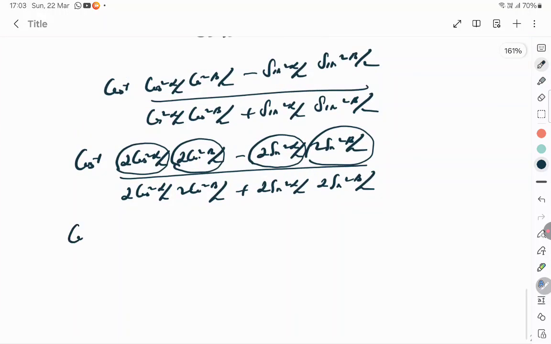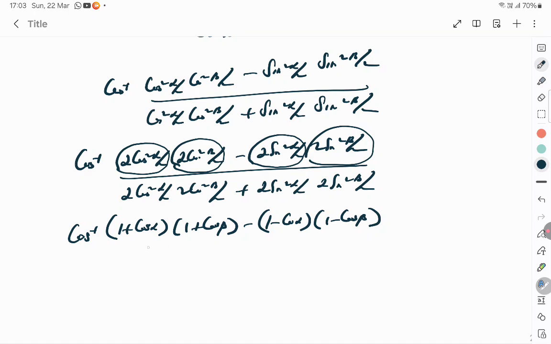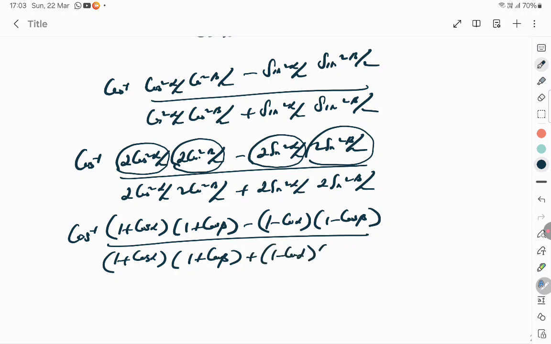The advantage is this, and this is something very difficult to remember. So it's 1 plus cos alpha into 1 plus cos beta minus 1 minus cos alpha into 1 minus cos beta by 1 plus cos alpha into 1 plus cos beta plus 1 minus cos alpha into 1 minus cos beta.